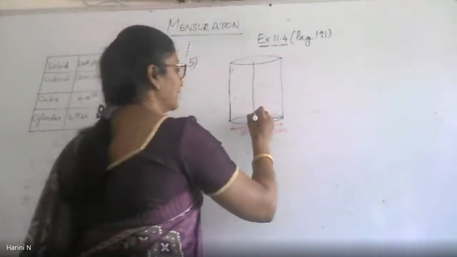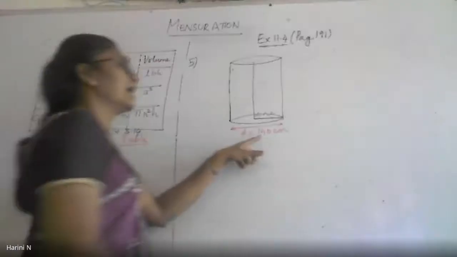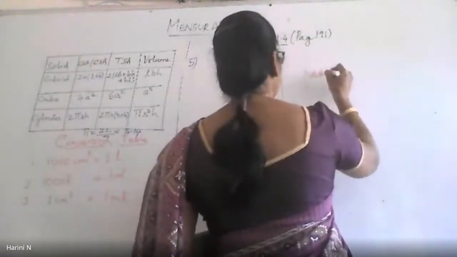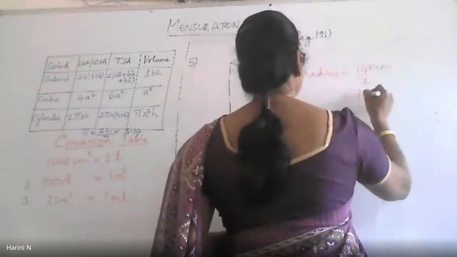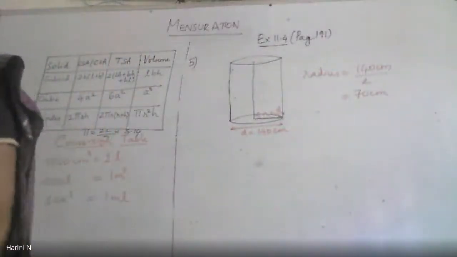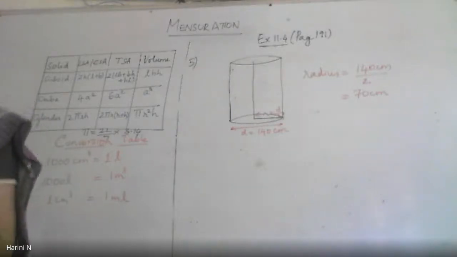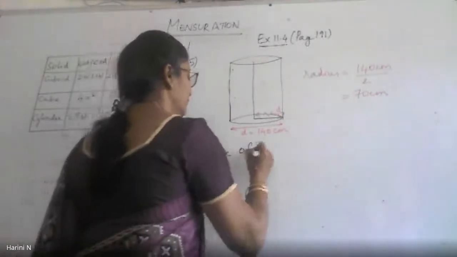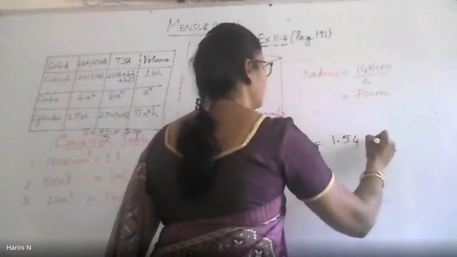So what will be the radius then? Ma'am, 70. Yes, it will be half of the diameter, that is d by 2. So my radius will be 140 centimeters divided by 2, which is 70 centimeters. Alright, then what else is given? You are given the volume of the cylinder, which is 1.54 meter cube.